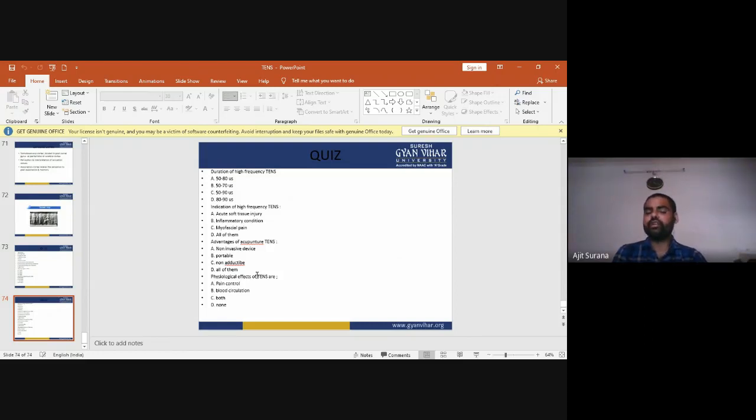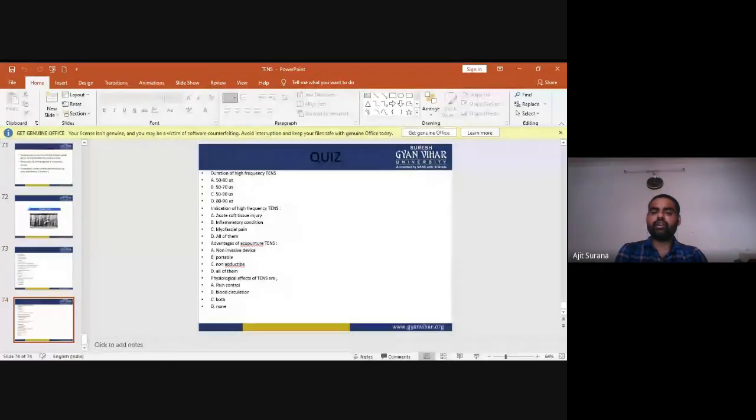Now the quiz related to the TENS. First question: the duration of the high frequency TENS. Options are A, 50 to 80 microseconds; B, 50 to 70 microseconds; C, 50 to 90 microseconds; or D, 80 to 90 microseconds.